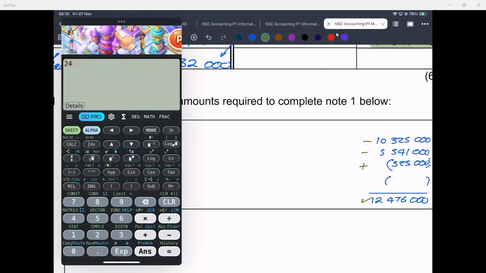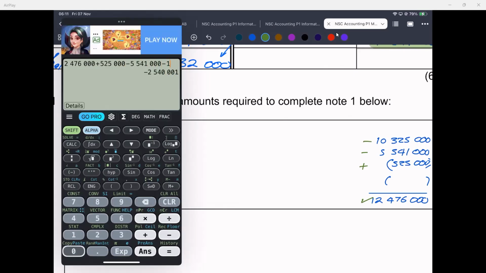It's 12,476,000 plus 525,000 minus 5,541,000 minus 10,325,000. Just need to confirm that everything is correct.